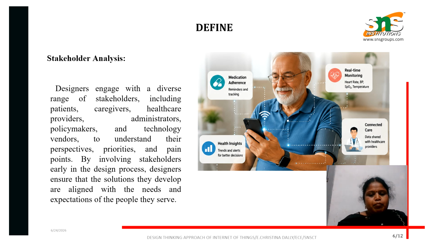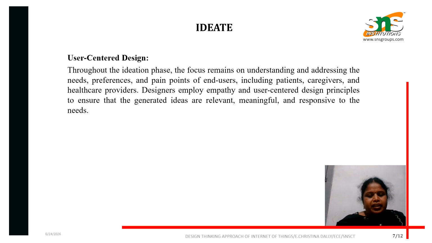This is the image for the stakeholder analysis, which includes patients, caregivers, healthcare providers, and administrators, to understand their perspectives, priorities, and pain points. So, medication adherence and real-time monitoring.